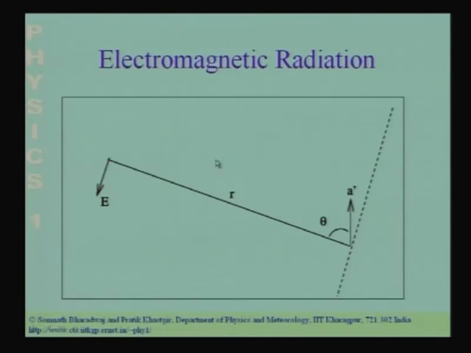So, if you ask the question, what is this radiation electric field? What is the electric field due to this electron at the point over here?